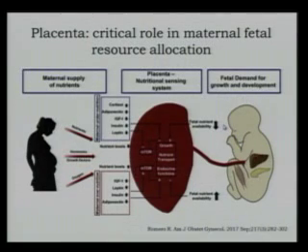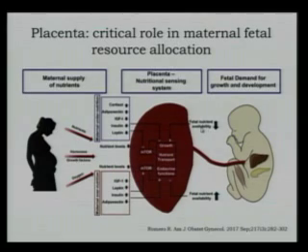To understand the role of the placenta, which plays a critical role in the risk of metabolic disease later on in life, but more so acutely in the risk of extremely low birth weight or large for gestational age: if there is a state of maternal undernutrition, you have downregulation of insulin and IGF-1, and decreased availability of nutrients to the fetus.